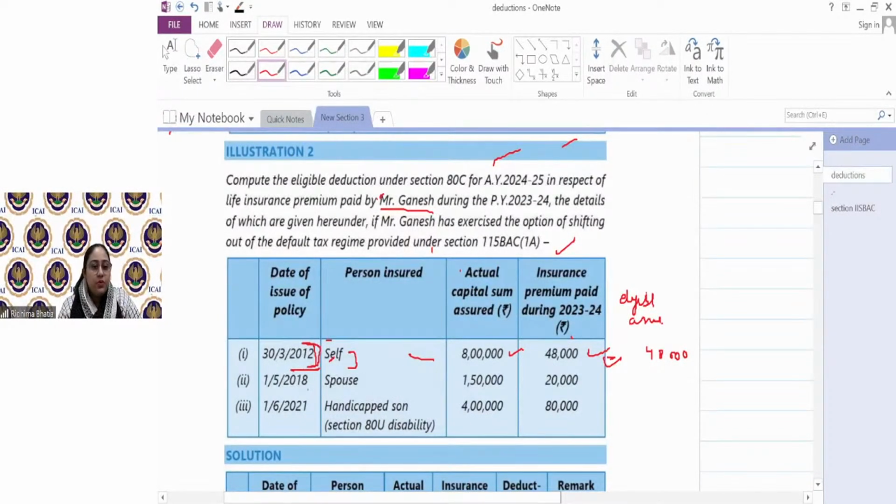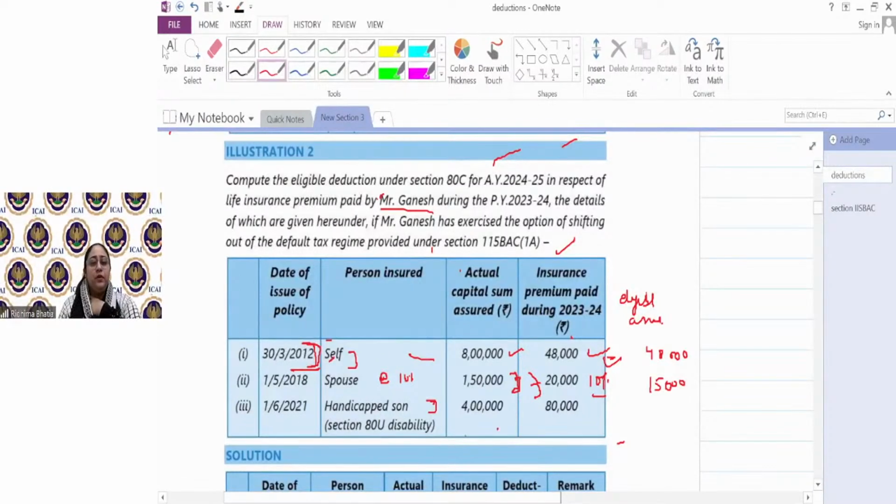Now the policy for the spouse is taken after 1st April 2012. So the premium restriction here is, guys, 10%. Now in this case, for a policy of 1,50,000 as capital assured, the premium paid is 20,000. But the maximum premium which would be allowed is 10%. So here what would be allowed is 15,000. For the handicapped son, the disabled son, the policy is taken after 1st April 2013.